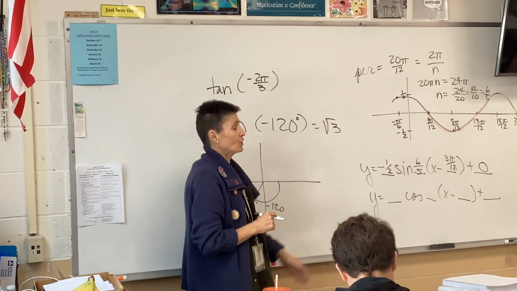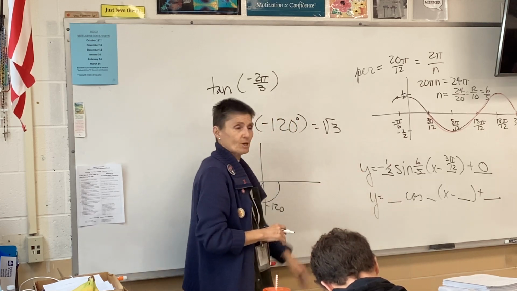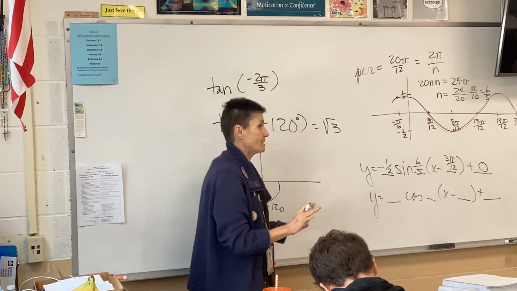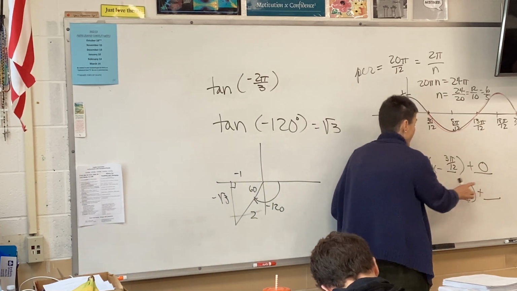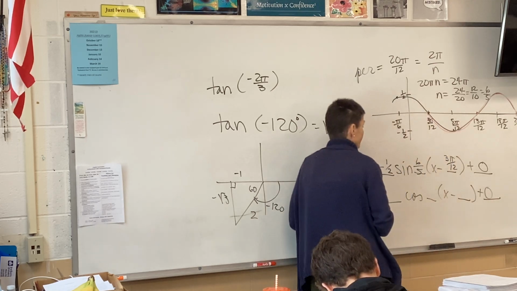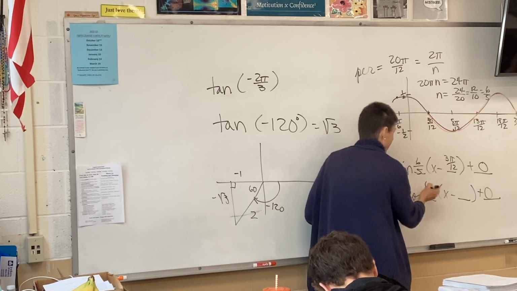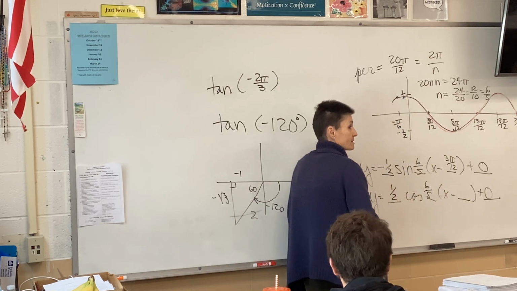Now, the good news is, once we've struggled through all that, writing the cosine equation is going to be a cinch, because none of the numbers are going to change except this one. There's no vertical shift. The period is what the period is. The amplitude is what the amplitude is.